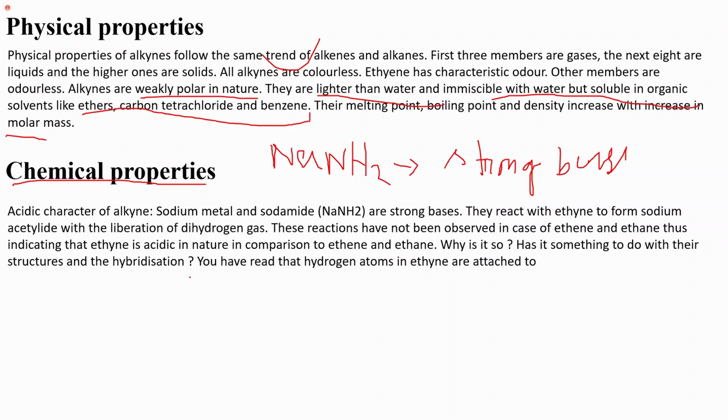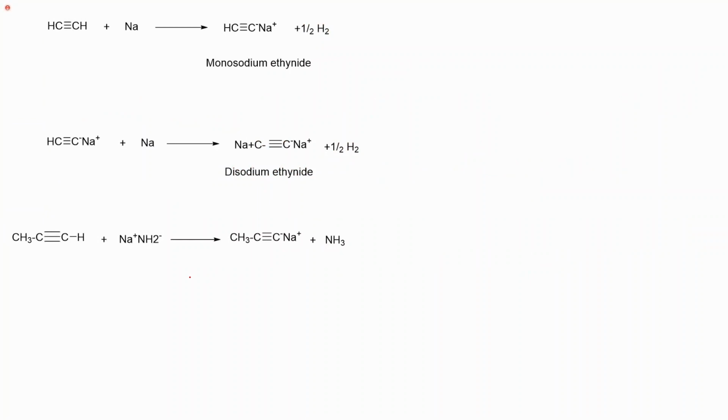Now we'll come to the reaction mechanism. Let's say we start from the acetylene moiety. Acetylene is the first member of the alkyne family, and it is very light, even lighter than water. The chemical formula of acetylene is HC≡CH, plus Na, sodium.